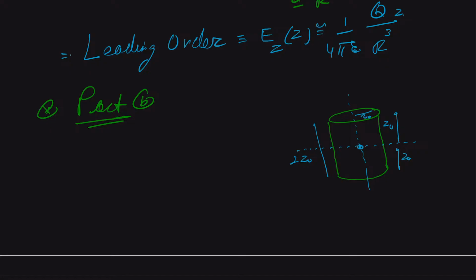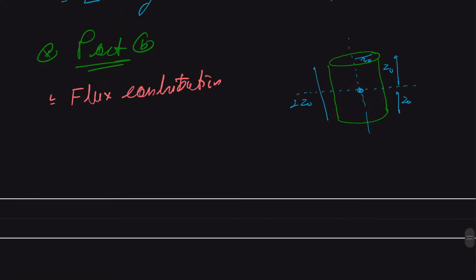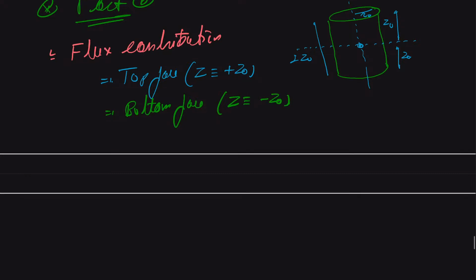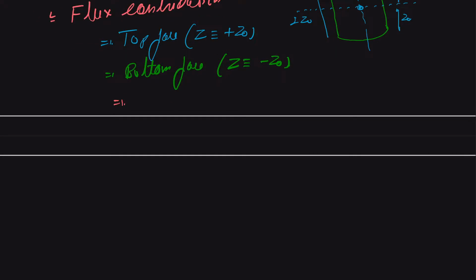The top face is at z equal to plus z naught, then we have the bottom face, which is at z equal to minus z naught, and finally we have the curved side.